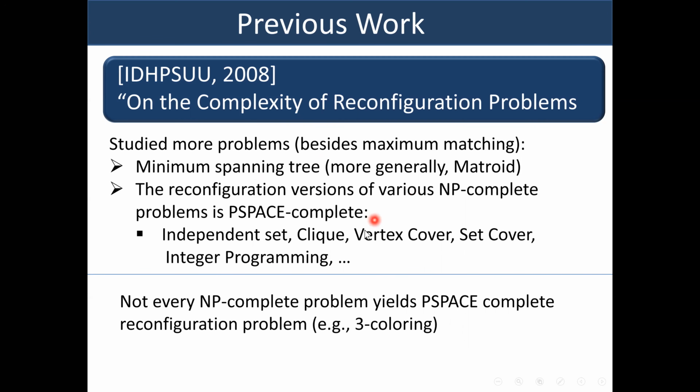They considered problems like maximum independent set, minimum vertex cover, and more. But it's not always the case that the reconfiguration version of any NP-complete problem is PSPACE-complete. It's an interesting direction to explore this question more deeply, because currently it's not fully understood.